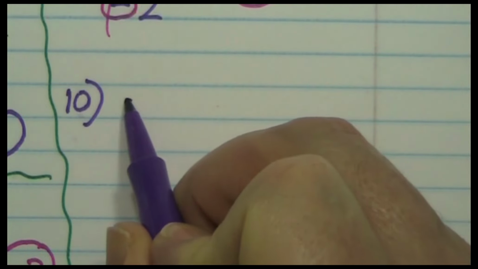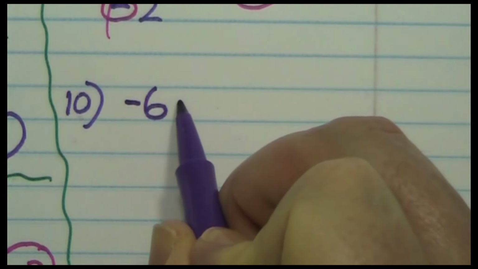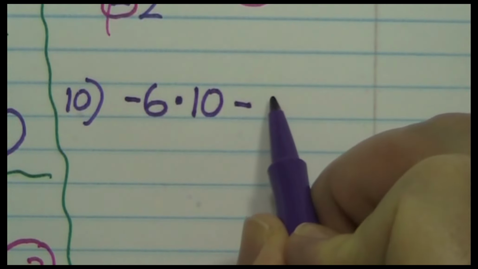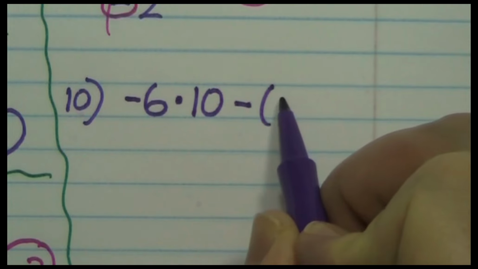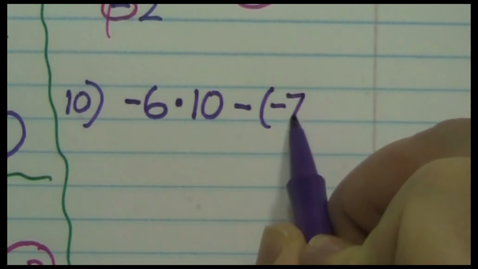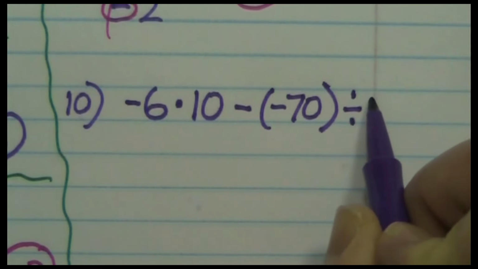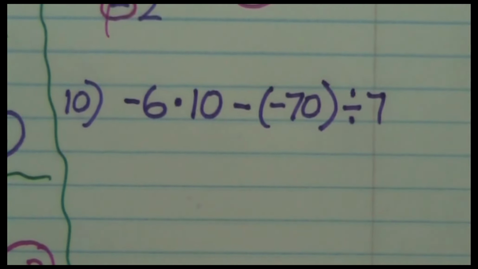Number 10 is -6, I'm going to put a dot for times, times 10, minus -70 divided by 7.